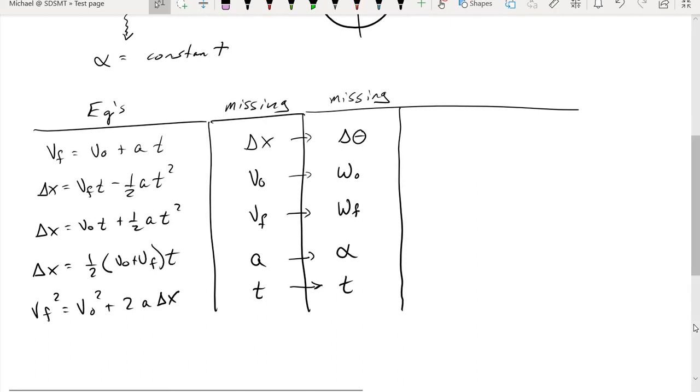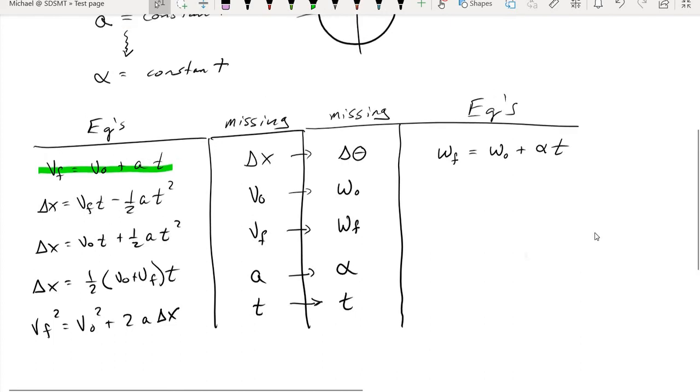Just like the linear cases, we're going to have 5 kinematic equations for rotational motion. And all we have to do is take each equation and rewrite it term for term using the new angular equivalents. So that first equation of v final equals v initial plus at, that will be rewritten as omega final equals omega initial plus alpha t.